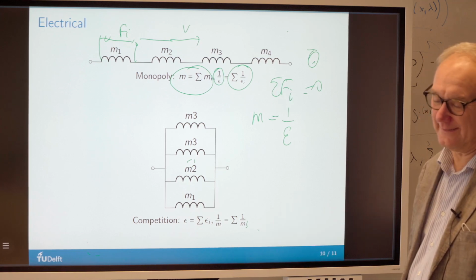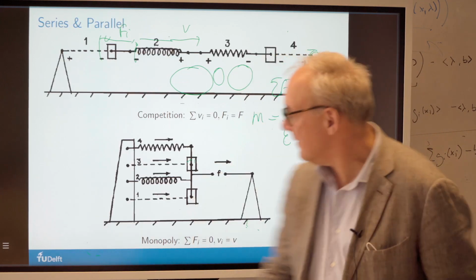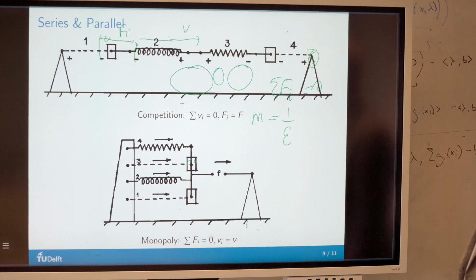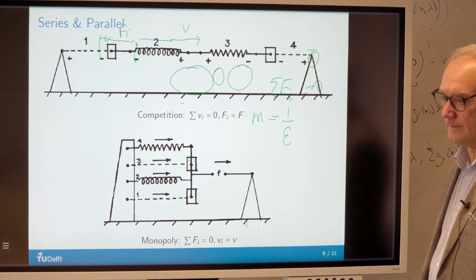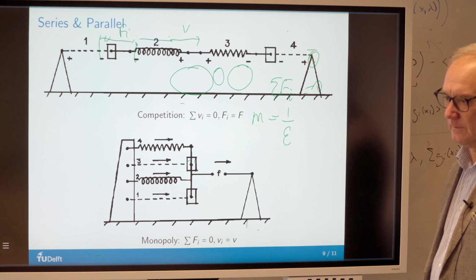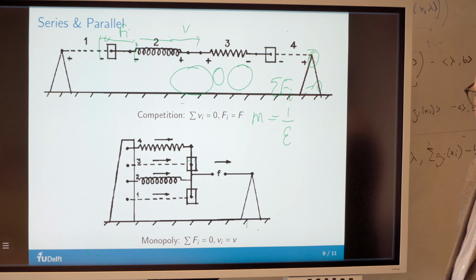But if you go back one slide, how would you do that for masses in series? Then you would have some sort of 1 over mass, but that feels strange, because from experience, if you have 2 resistors in parallel and you calculate the net resistance, it becomes lower than both of the resistances.